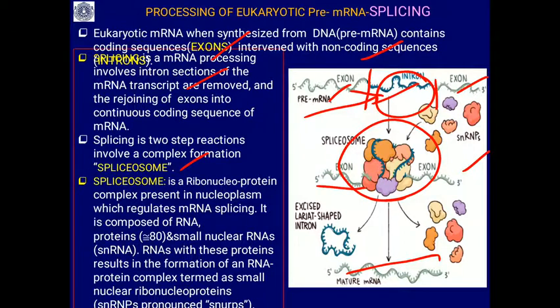There are about 80 such small nuclear ribonucleoproteins, usually pronounced as snurps. They are important, as they bring about the splicing action, or removal of introns.